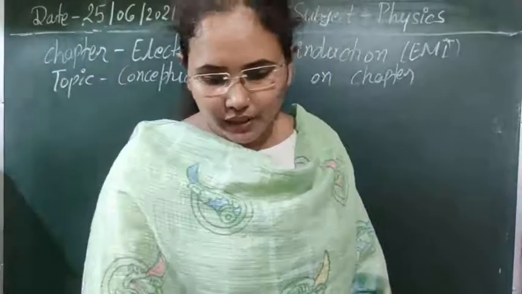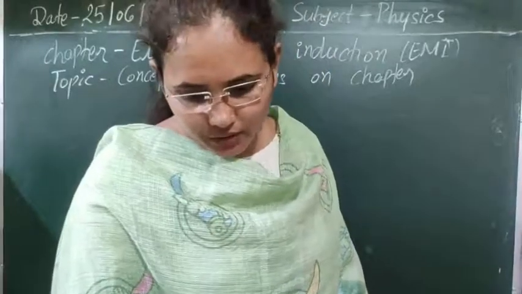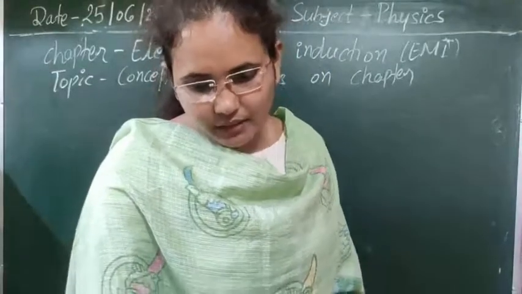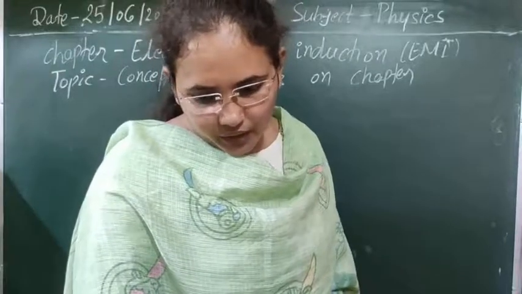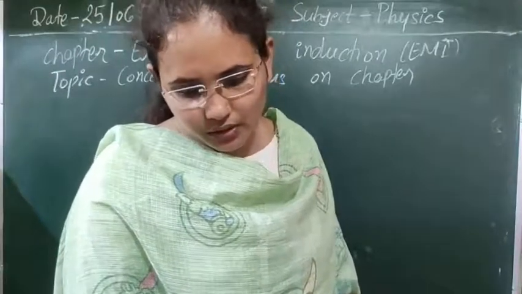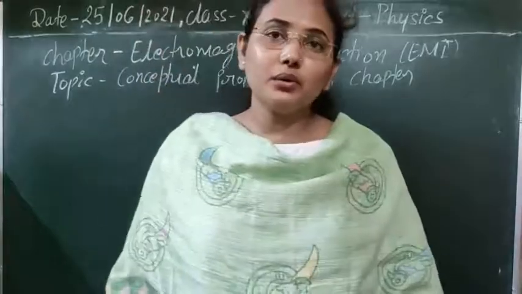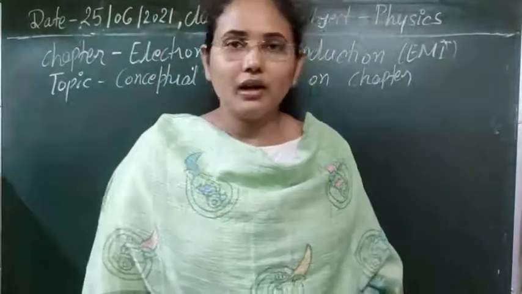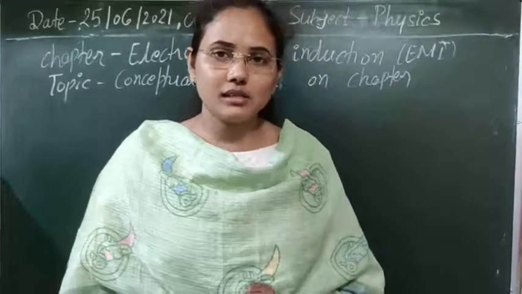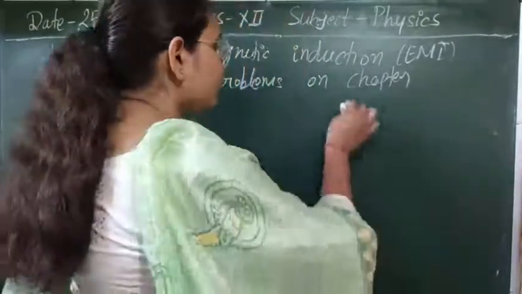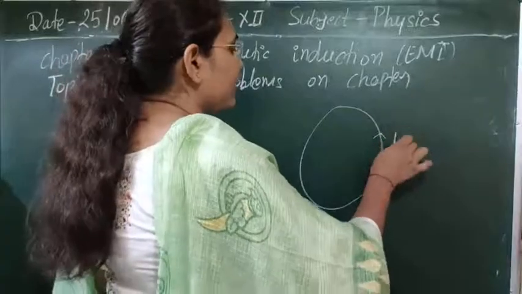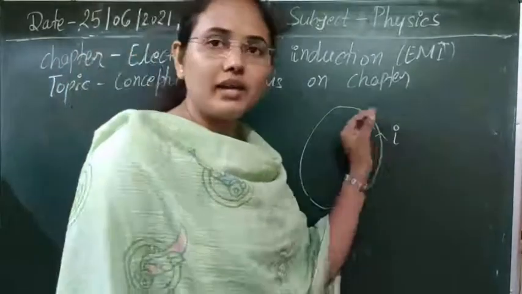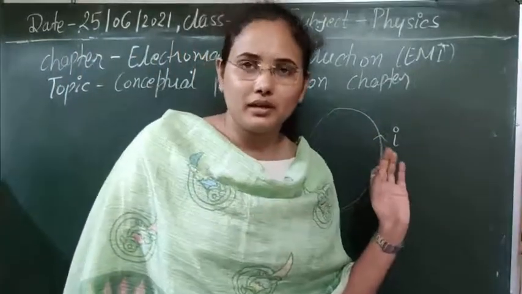So the next problem that we have to study is: how does the self inductance of a coil change when an iron rod is introduced in it? As you know, the iron rod is a magnetic material. Suppose you have a coil in which some current I is flowing, and due to the change in the current we get the self inductance phenomenon here.